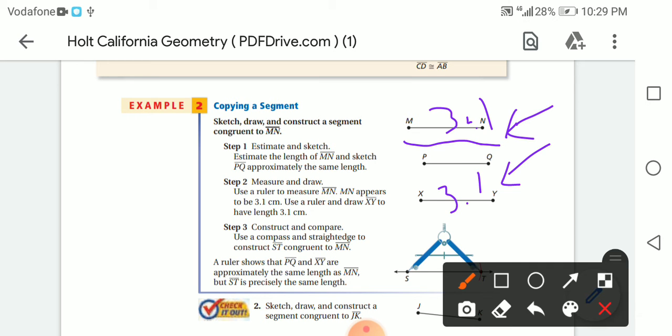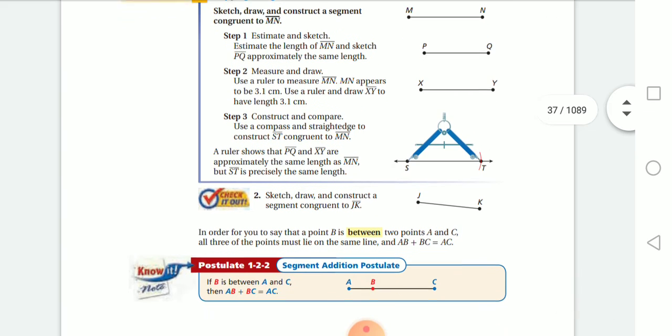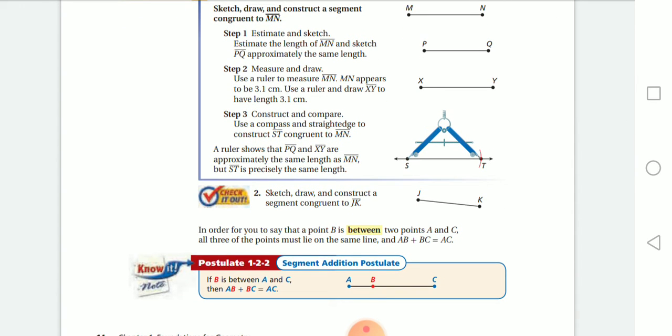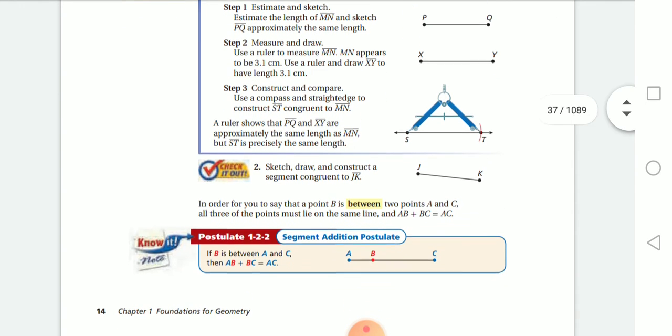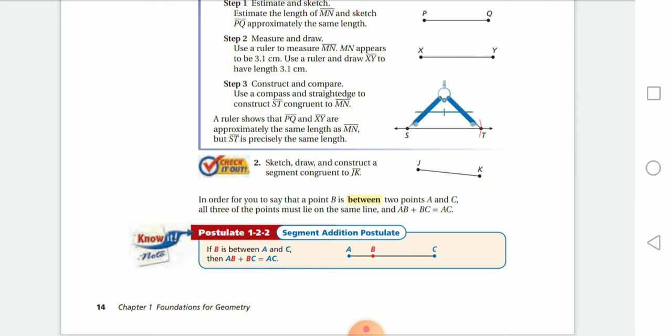This is easy for you, I know. Then construct and compare. Use a compass and straight edge to construct ST. So you open your arc. A ruler shows PQ and XY are approximately the same length as MN, but ST is precisely the same length.